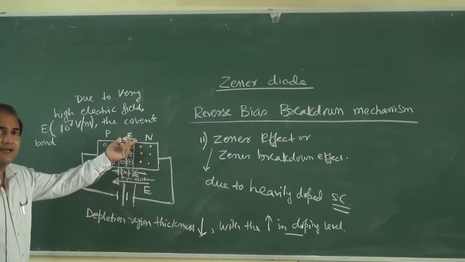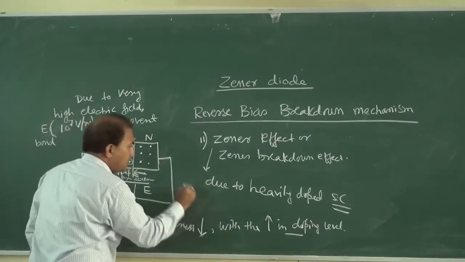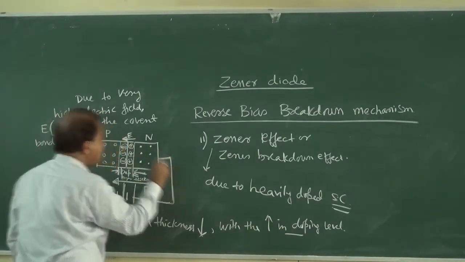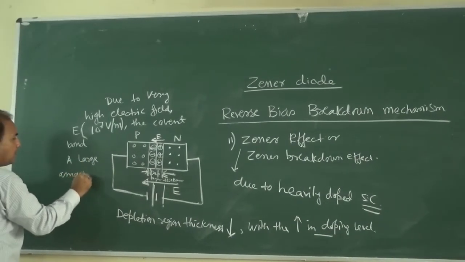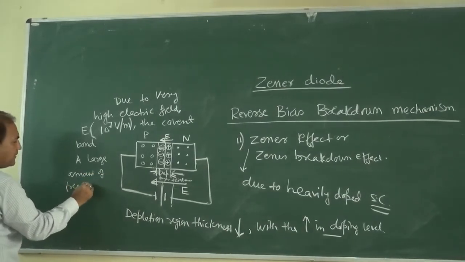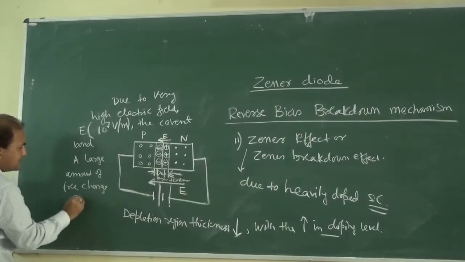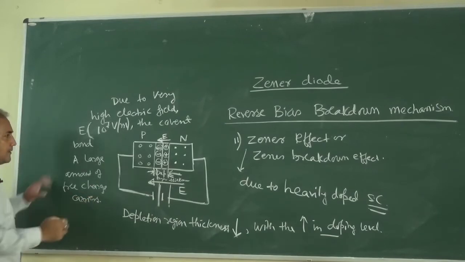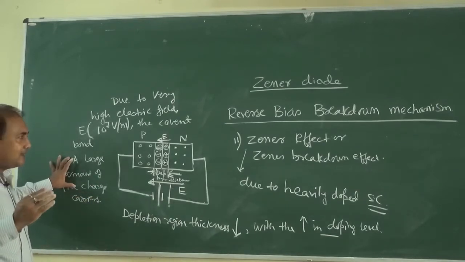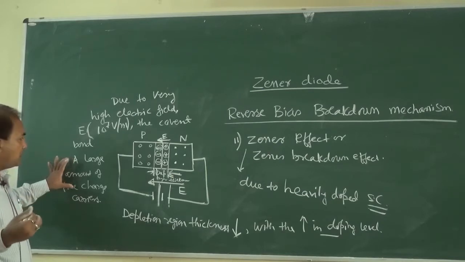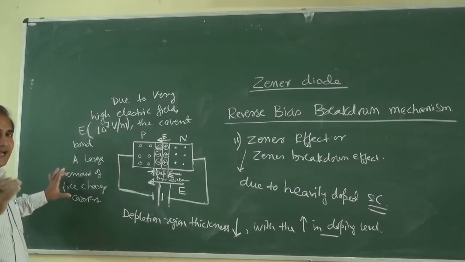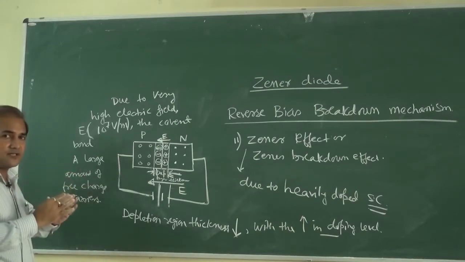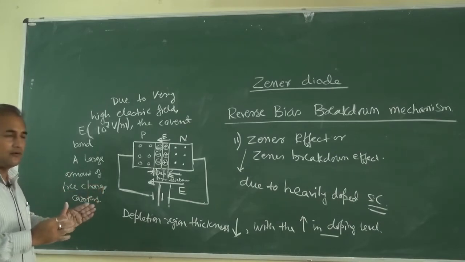Due to the break in the covalent bond, a large amount of free charge carriers are created. Okay, so with this large amount of free charge carriers, a very high electric current is observed just after the breakdown.